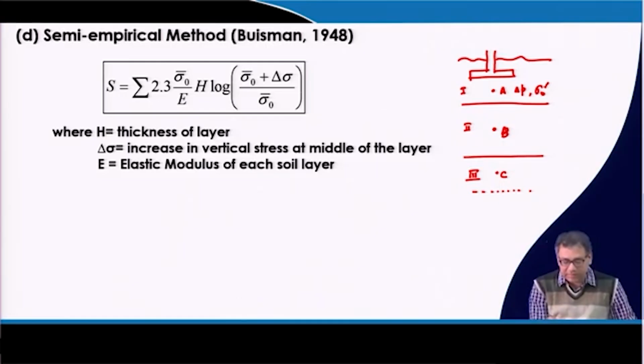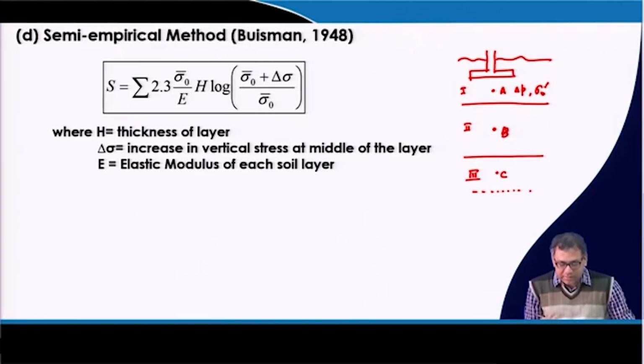E is the elastic modulus of the soil layer, and I have also given you tables from which you can get the elastic modulus of the particular soil. But it is better to have the actual E value for that soil. If you do not have it, depending upon the type of soil, you can select the appropriate E value by using the tables that I have given.